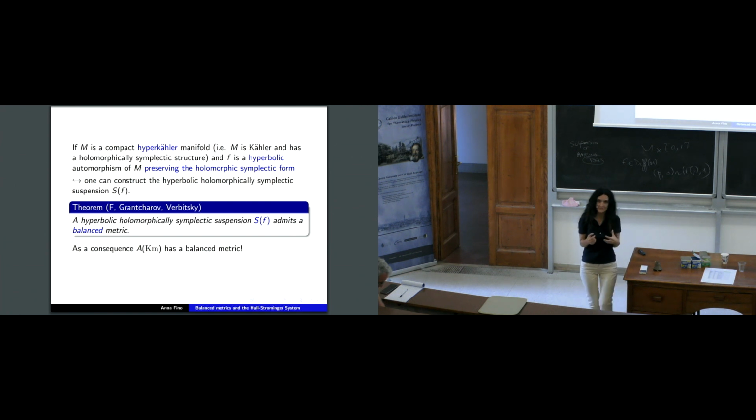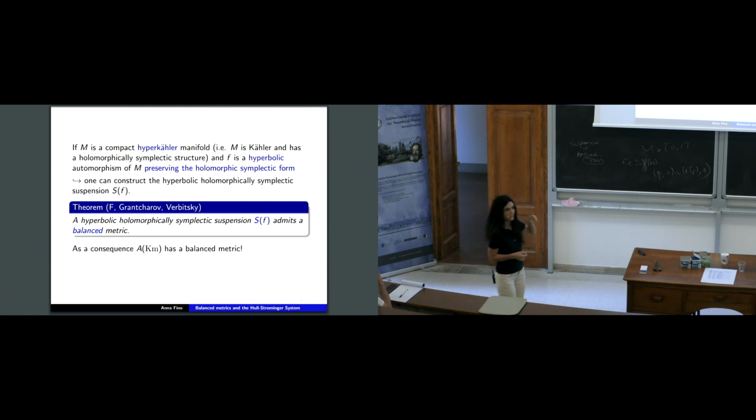Okay, we want something balanced. Now we add an extra geometric structure: not only Kähler, but we also suppose that we have a holomorphically symplectic structure. So we have a hyperkähler structure, which is another way to define hyperkähler. If we have a hyperbolic automorphism, we preserve the holomorphic symplectic form.